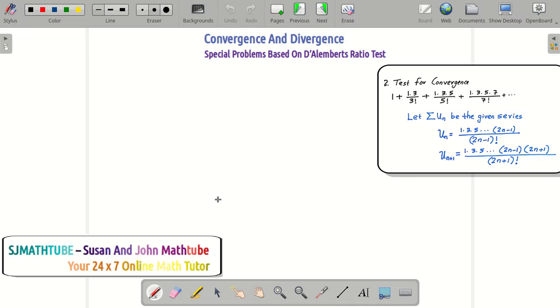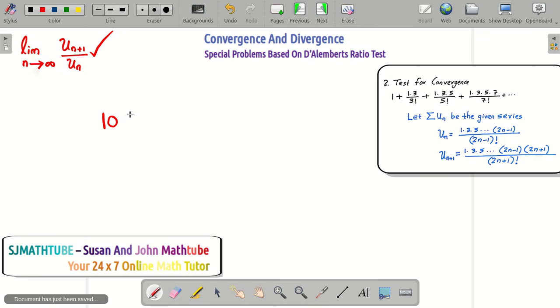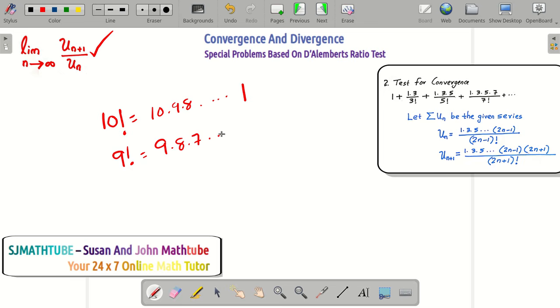And then, as usual, the limit. But before we start, I'll give you a small hint about how to deal with factorials. For example, 10 factorial means 10 into 9 into 8 into dot dot dot up to 1. And 9 factorial means it's like 9 into 8 into 7 into dot dot dot up to 1.